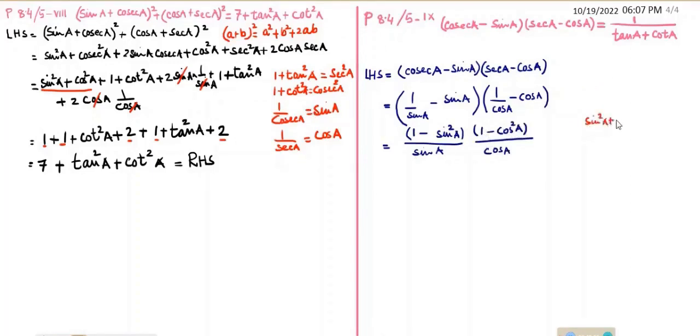Since sin square A plus cos square A is equal to 1, we can replace 1 minus sin square A by cos square A and 1 minus cos square A by sin square A.